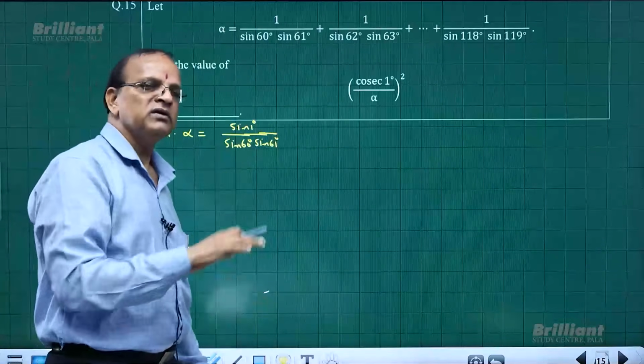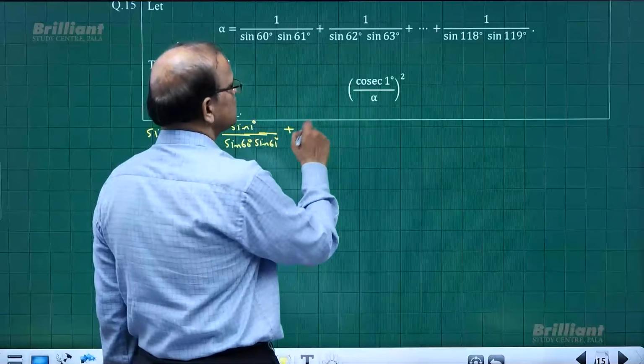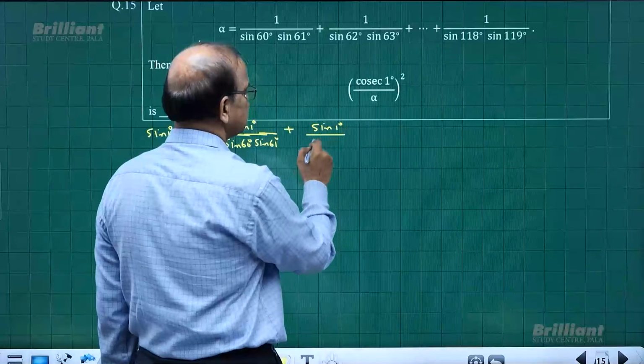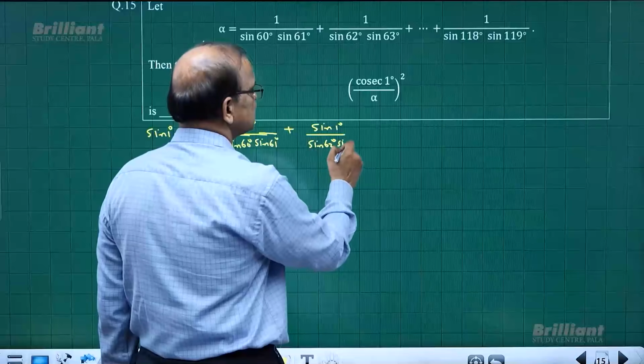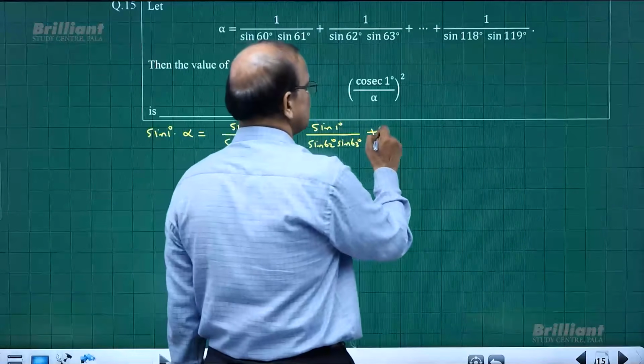So, then we can use sin(a minus b), and divide, okay. Now, here what is that? 62, 63, sin 1 degree by sin 62, sin 63, plus and so on.